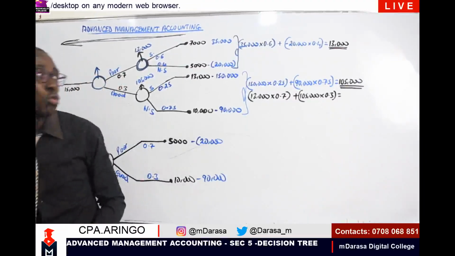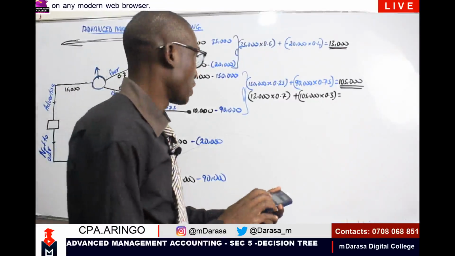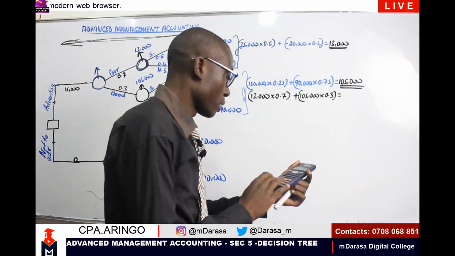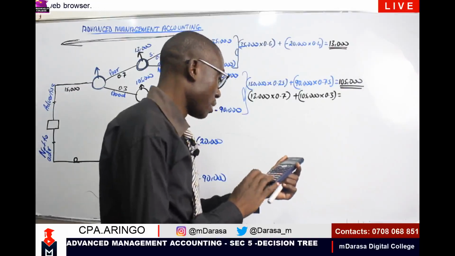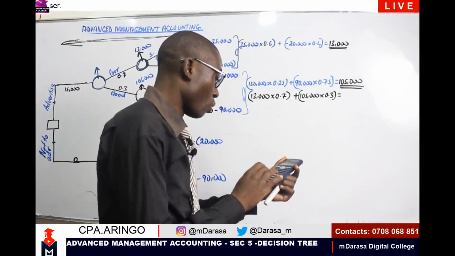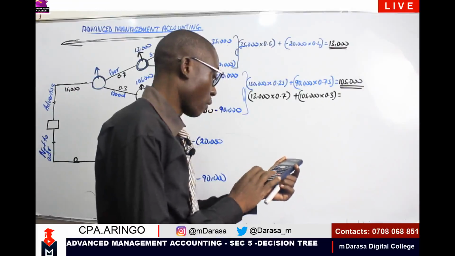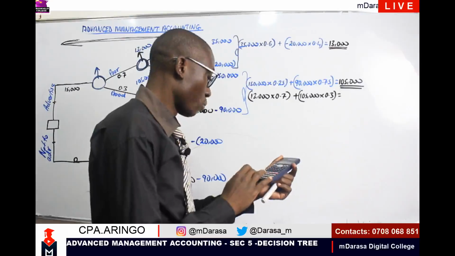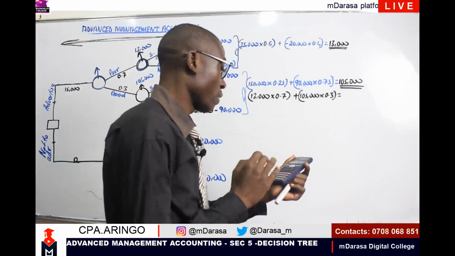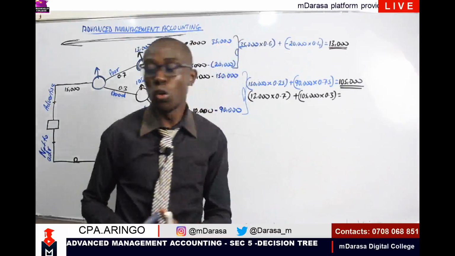We are going to take the 13,000, multiply by 0.7, add the 105,000 multiplied by 0.3. That should give me a figure of how much, my good student?